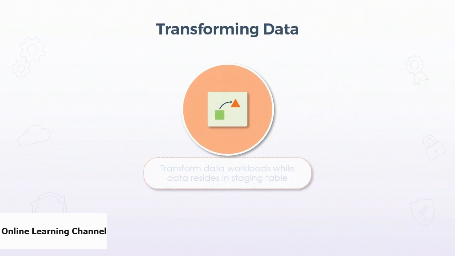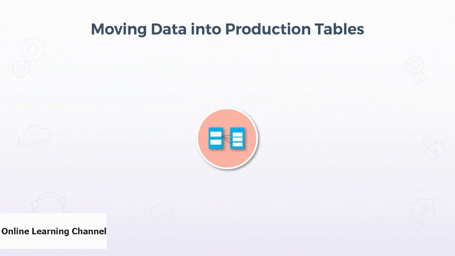Once data is in the Synapse Analytics SQL pool staging tables, queries run on the Synapse Analytics instance can then transform the data. This step typically transforms the data into a form that's meaningful for business analysis. And finally, this transformed data is moved to production tables to be consumed by downstream analysis, such as business reports.